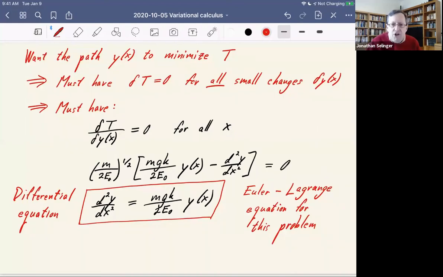Okay? So if we had an equation where the second derivative is a negative constant times the function itself, then we know the solution would be sines or cosines, right? But if it's a positive constant times the function itself, then the solutions are exponentials, right? Either an exponential of something times x or an exponential of negative something times x.